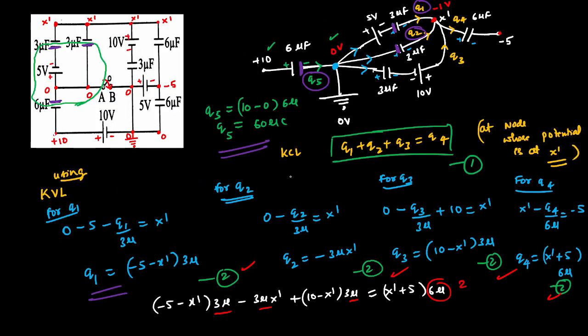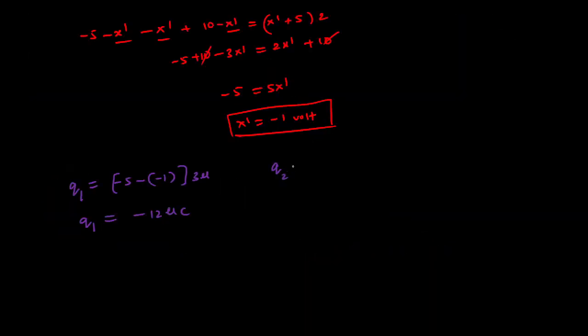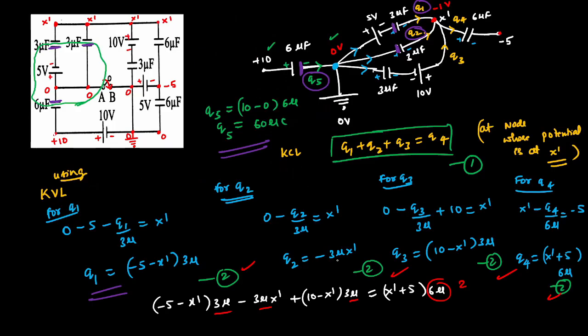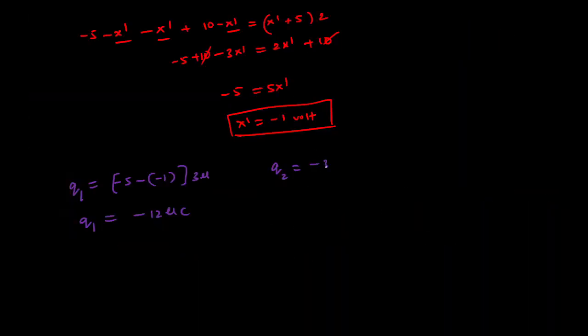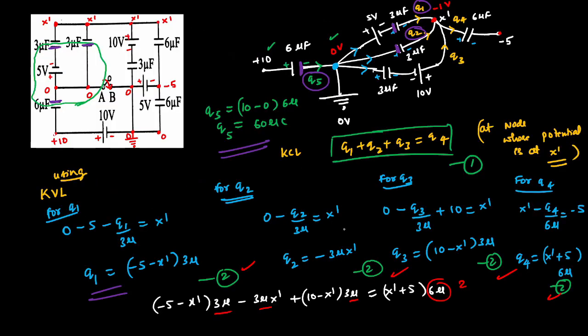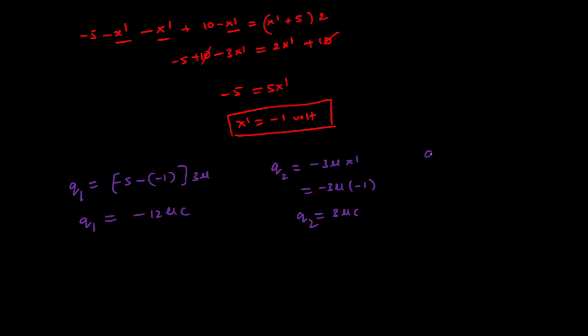So q2 is of our interest then. q2 is minus 3 micro x', so minus 3 micro into minus 1 becomes 3 micro coulomb. Okay, so you have q1, q2. Then we already have q5, which is 60 micro coulomb, right?